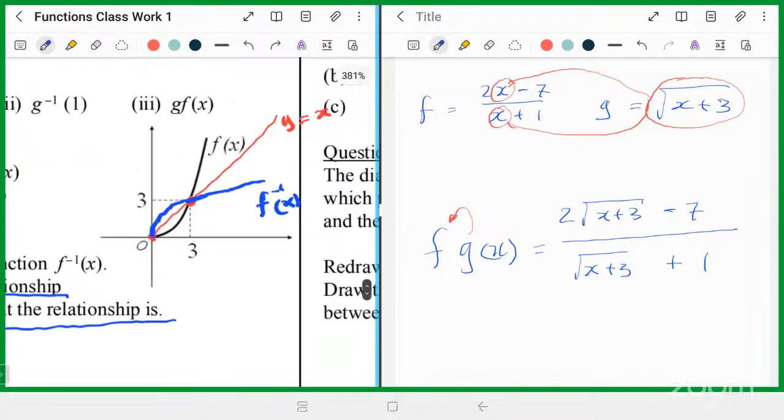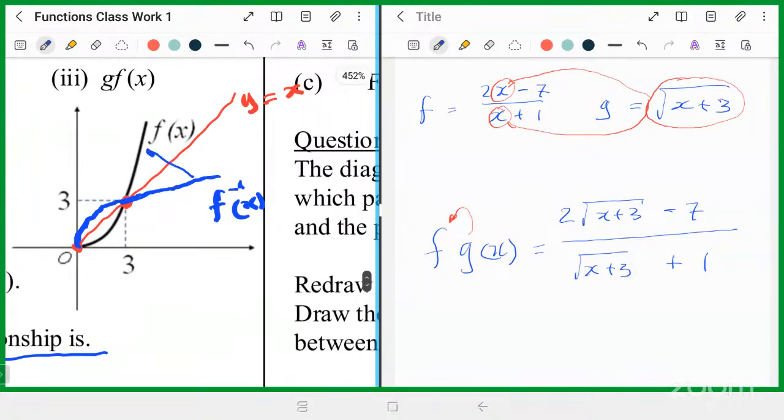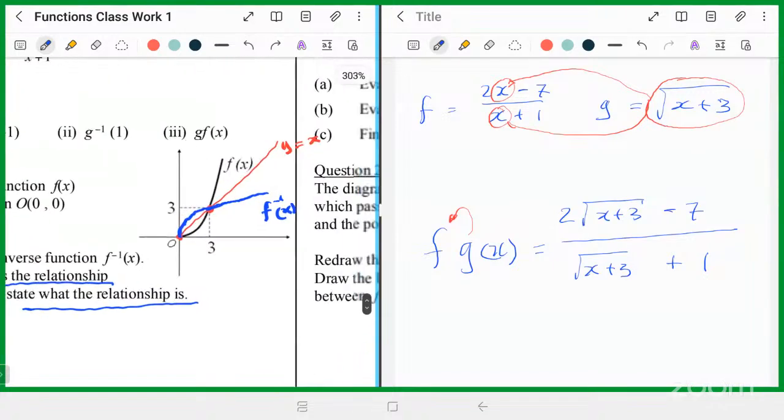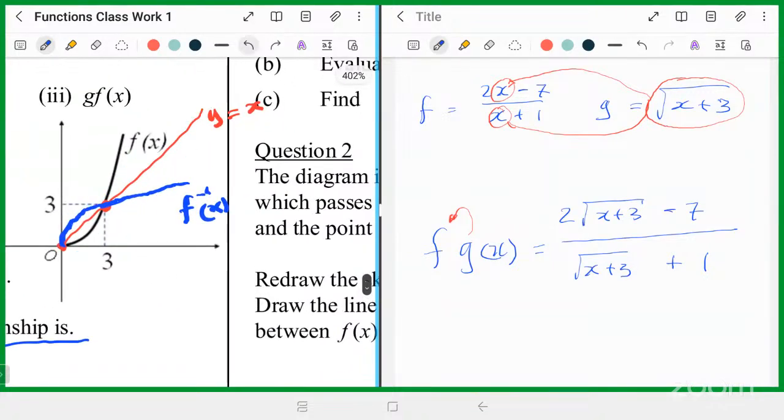The blue one reflects to get the black one, and the black one reflects to get the blue one, in this red mirror line y equals x. So they are reflections of each other in the line y equals x. What it is, is that f of x is the inverse of f to the minus 1, and f to the minus 1 is the inverse of f.